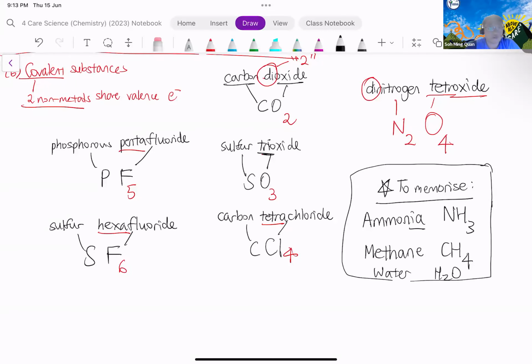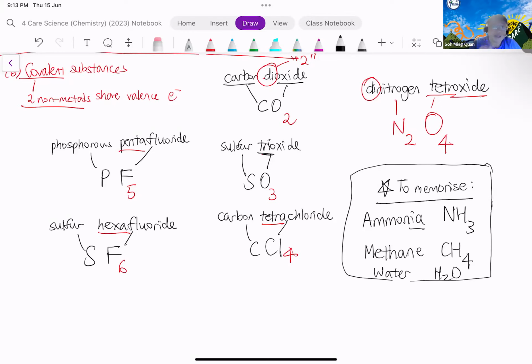Now, at this juncture, we would have seen how to write chemical formula for both ionic and covalent substances. Okay, this would have covered all the formula that you would need for the O-level combined science chemistry exam. All right. Now, just to revise, ionic compounds. Ionic compounds, you need to write the charges out, the positive and the negative charge. The concept is that the positive and negative charges must be balanced out in an ionic compound because ionic compounds should have no overall charge.